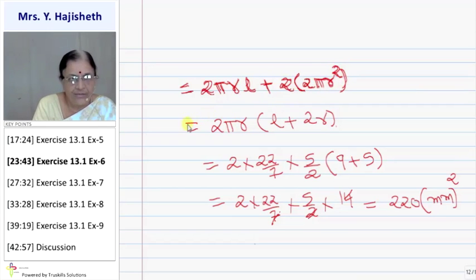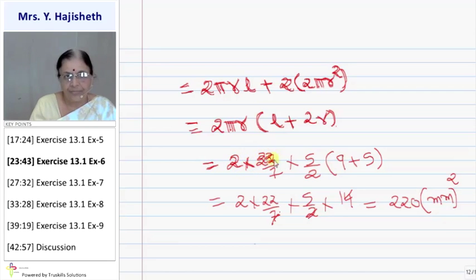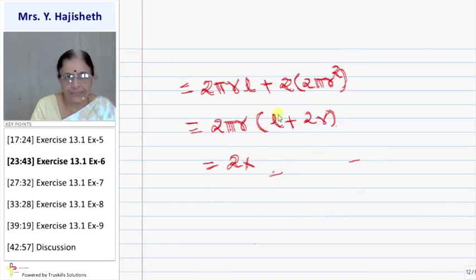So it is 2 pi r common taken out, in the bracket L plus 2R. Put the value. 2 into, in place of pi write 22/7.